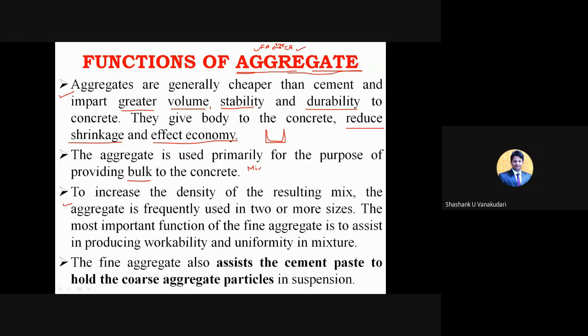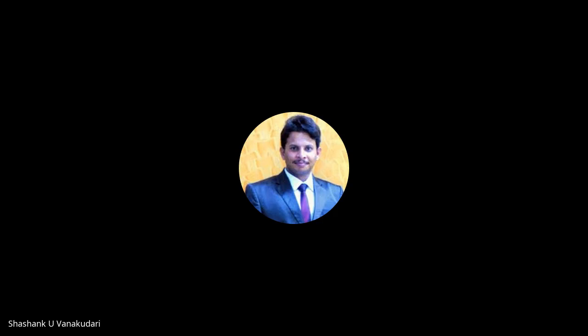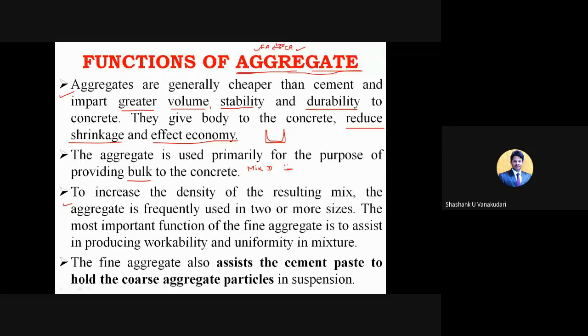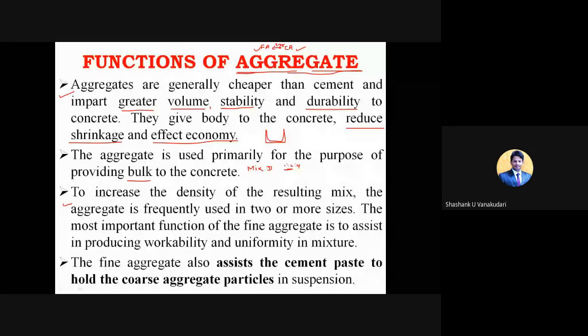Clear? So by using certain code books, proportions, right? 1:2:4 is the usual proportion. Like that, they are going to use. Here, 1 stands for the cement, 2 stands for fine aggregate, and 4 stands for coarse aggregate.